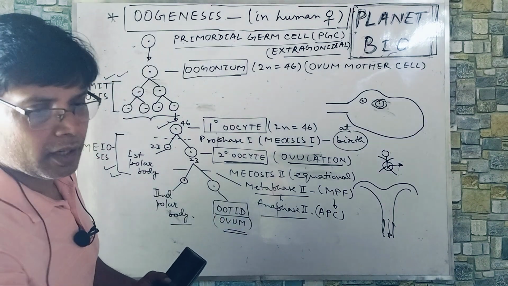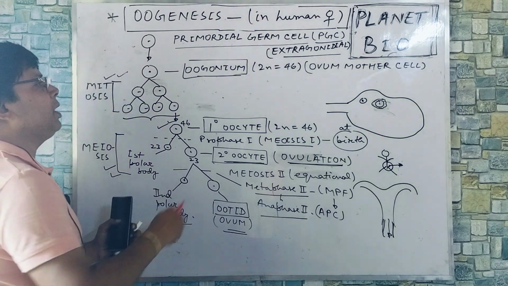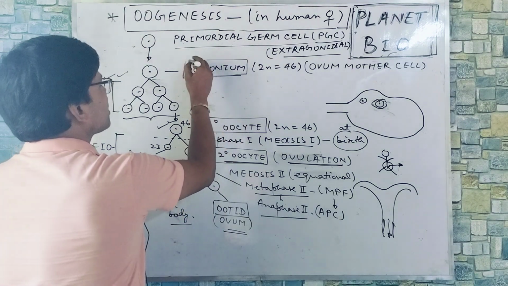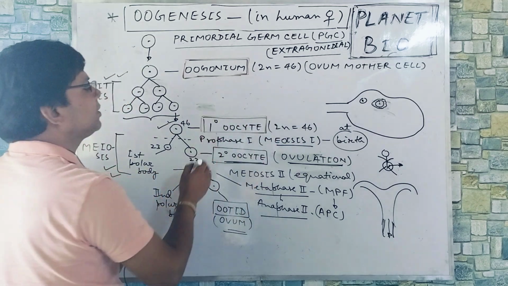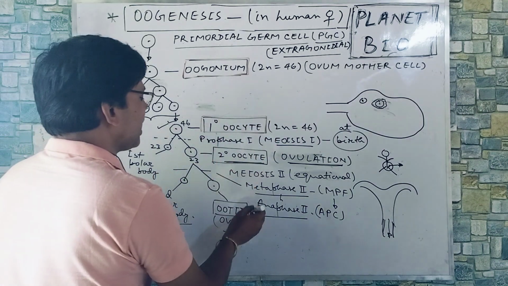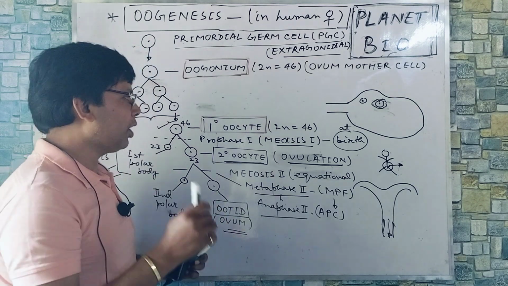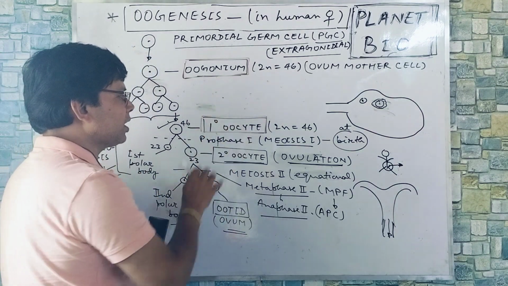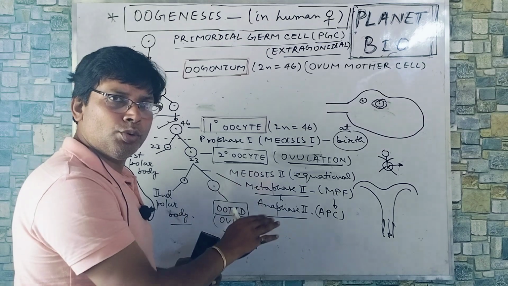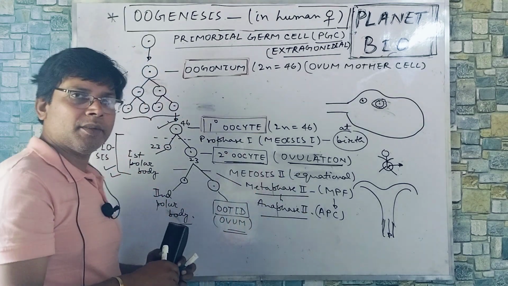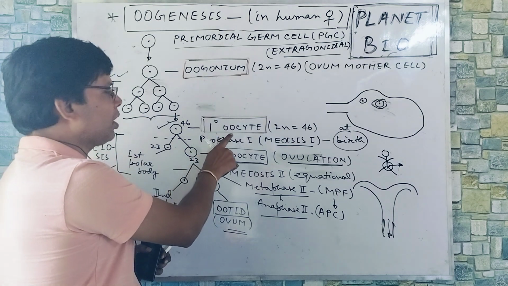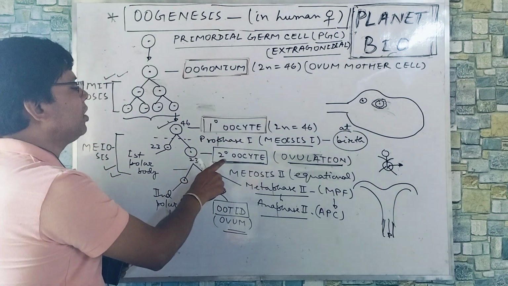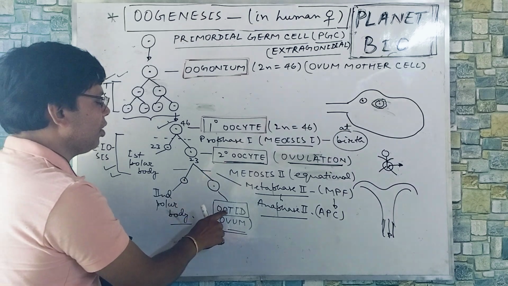How many are diploid? This question is asked. Oogonium diploid, primary oocyte diploid, secondary oocyte and ootid are haploid. Means 2 diploid structures initially and then 2 haploid structures after that. After that, one oogonium gives one primary oocyte, then one secondary oocyte, then one ootid.